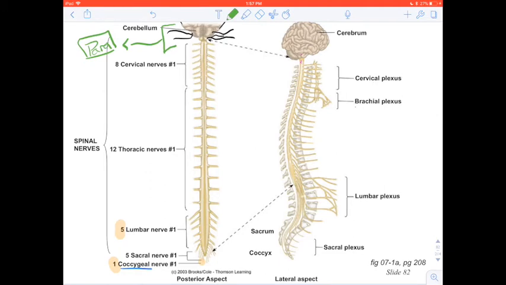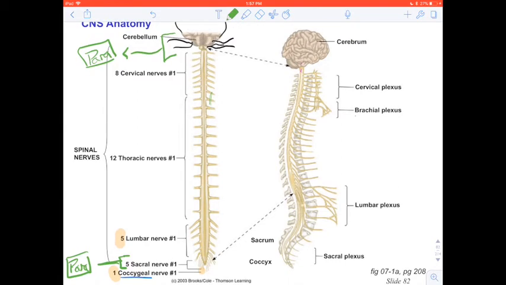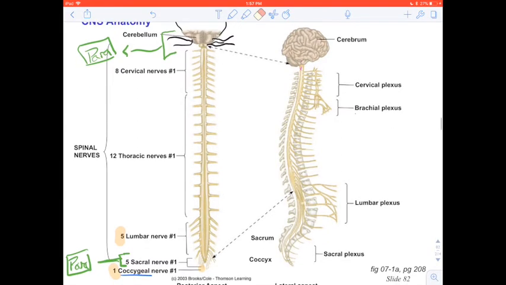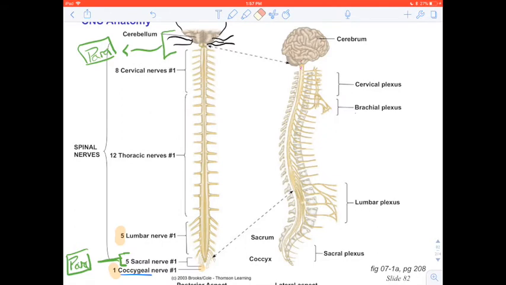And so from the sacral area is also going to be where the parasympathetic nerve roots come from. All of them. Right? We don't have any parasympathetic nerve roots coming from the cervical or the thoracic region.